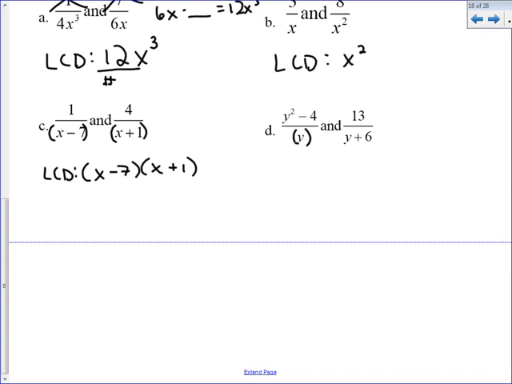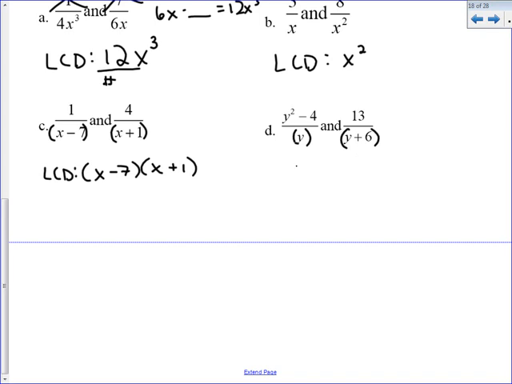A monomial y is different than a y that's part of y plus 6. So y plus 6, like we talked about with factoring, is a package deal. You've got to have a whole y plus 6 to match it. Anything different is not a match. So a y all by itself, different than a y plus 6. So there's actually two different factors here.